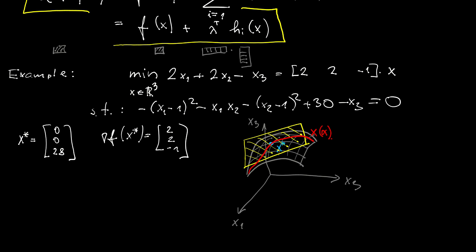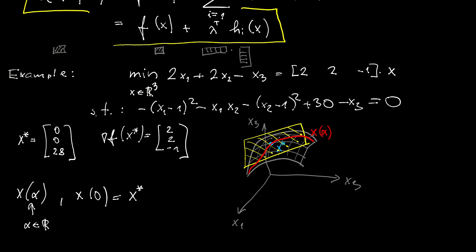Now, all right, so let's write this down. I will consider a curve parameterized by a real variable alpha, and moreover x at 0 goes through the critical point. Fine.